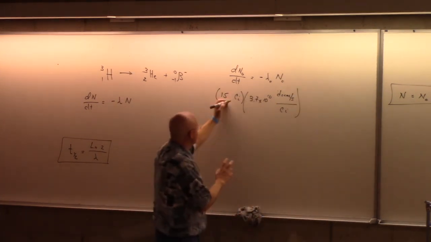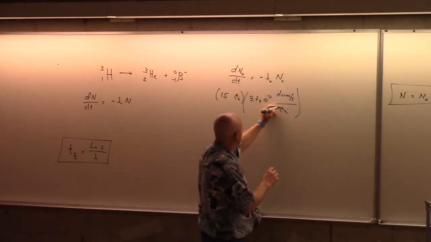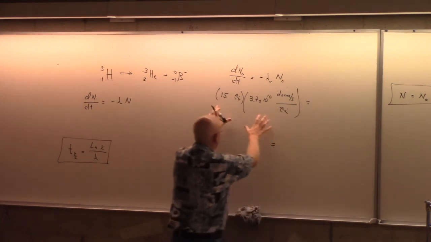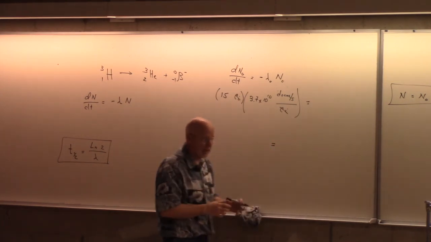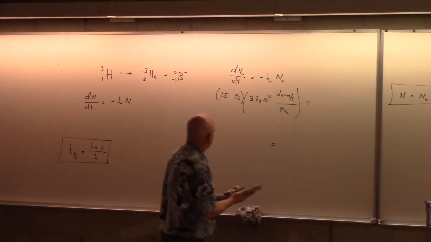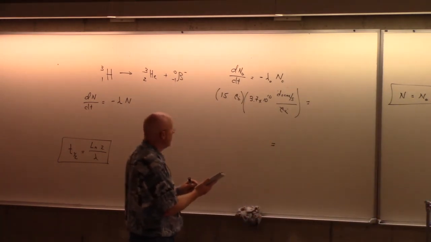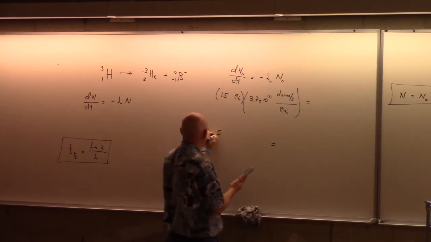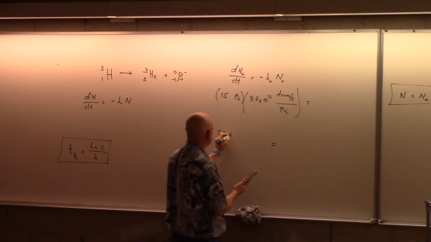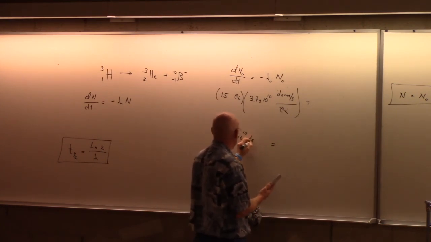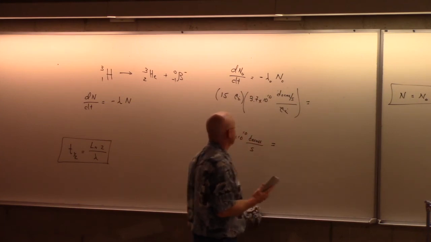So what I can do then is cross this out and have a number here that says, how many decays do I have in a given second? In fact, I'll do that number now. This is 15 times 3.7, so this would be 55.5 times 10 to the 10th decays every second.